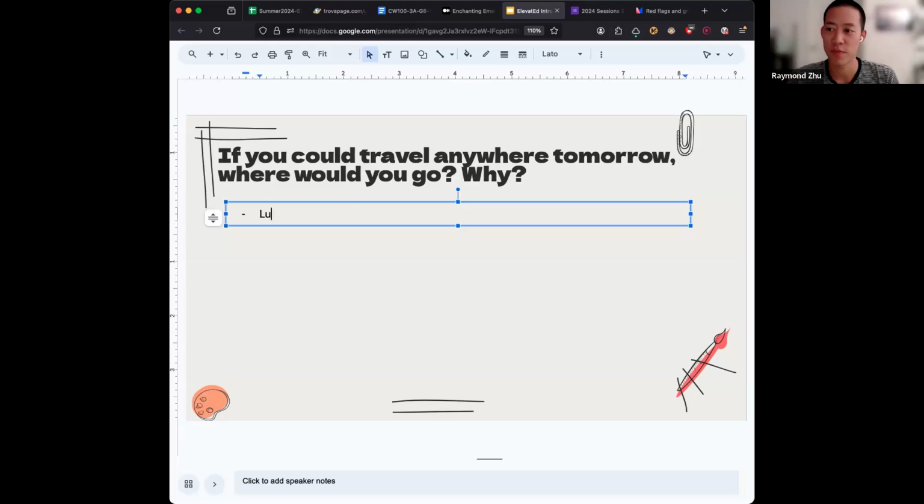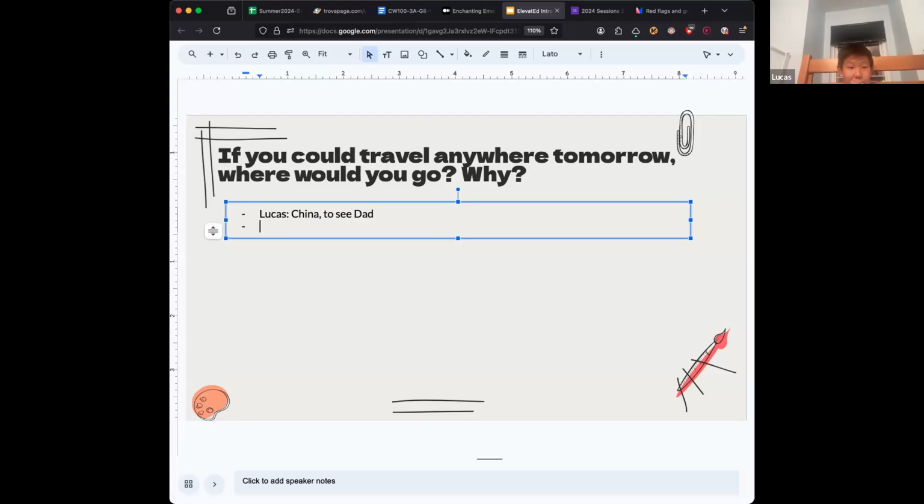Okay, why is that? So I can see my dad. I haven't seen him in like 4 years since the pandemic. Wow. Yeah, and I really want to fly. I just really want to fly to China, maybe Shenzhen, maybe.